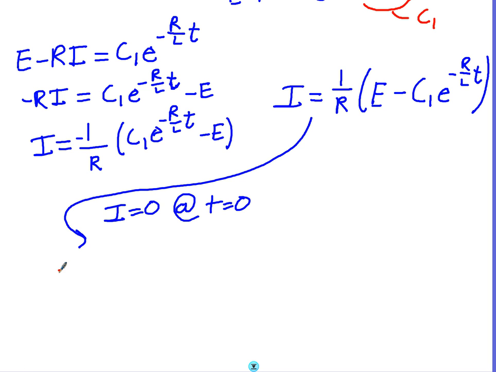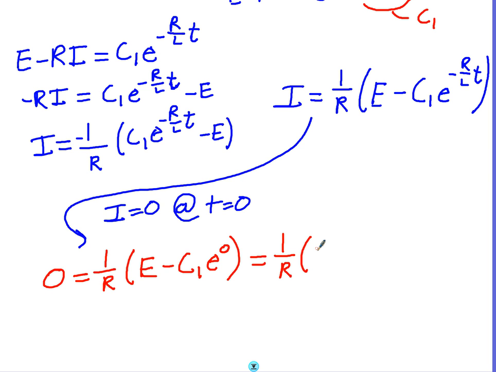If I plug that in, I'm going to have 0 equals 1 over R times E minus C1 e to the, if t equals 0 up here, the whole thing is going to be 0, so e to the 0. This would be the same as 1 over R times E minus C1, because e to the 0 is just 1. Okay, so that's equal to 0. I can multiply both sides by R. 0 times R is still 0. So it looks like C1 equals E.